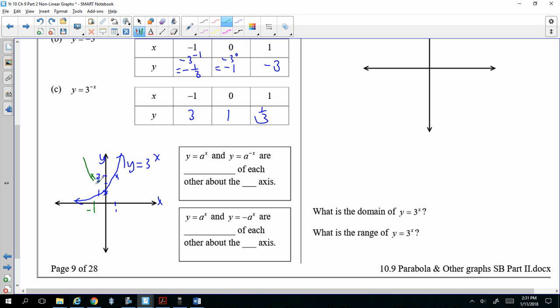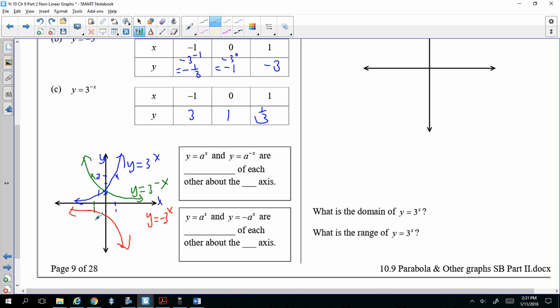That's y equals 3 to the power negative x. And then finally you've got the other one, which is negative 3 to the power x. That will reflect about the x-axis, which is negative 1.